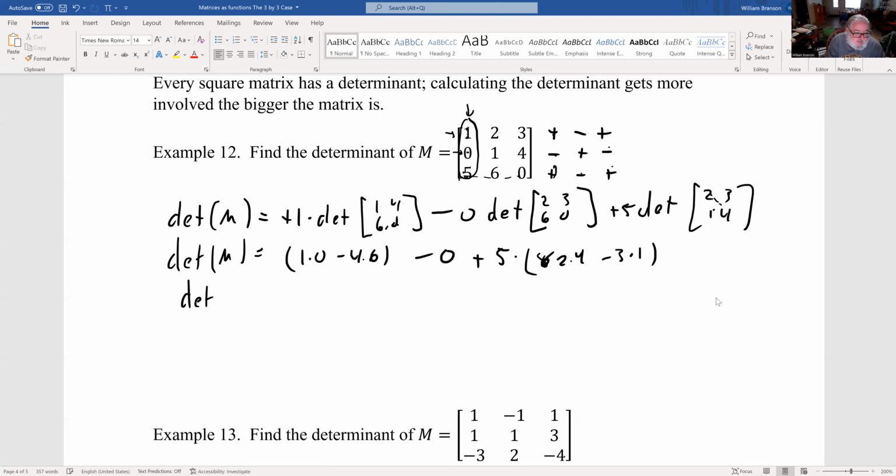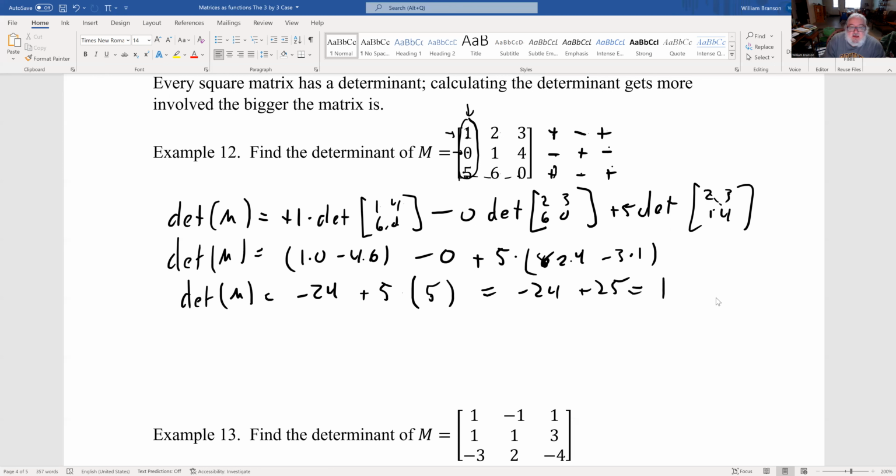So the determinant of M is minus 24 plus 5 times, now this is 8 minus 3, which is 5, which is minus 24 plus 25, which is 1.